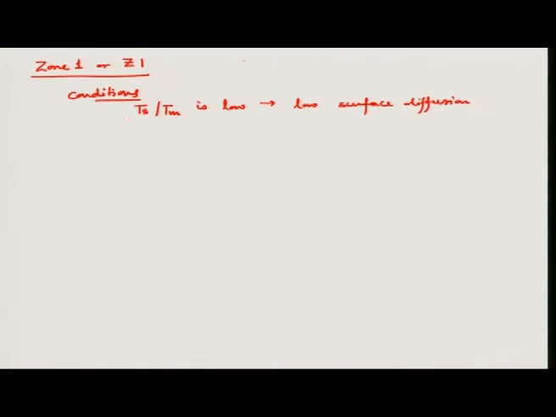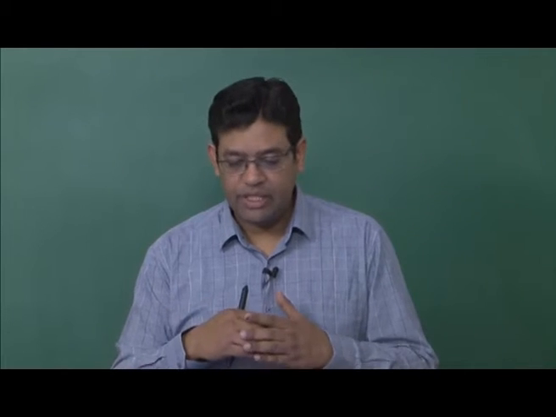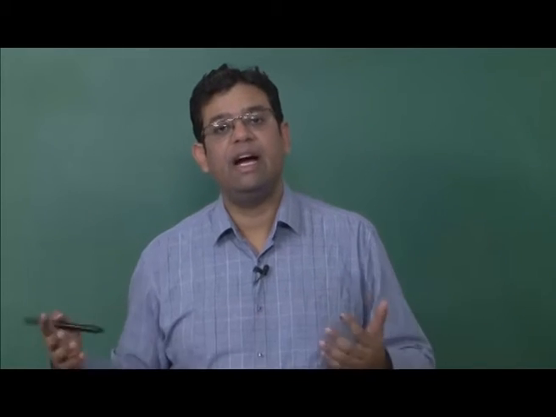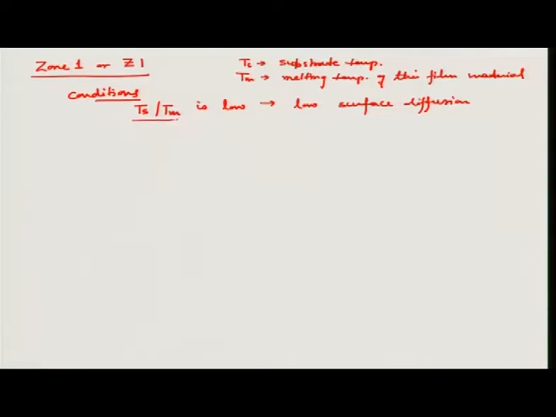Ts is the substrate temperature, Tm is the melting temperature of the thin film material. If the substrate temperature is very high and very close to the melting temperature, then we have very high surface diffusion, but when the substrate temperature is low relative to the melting temperature, then we have very low surface diffusion and we are in zone 1.